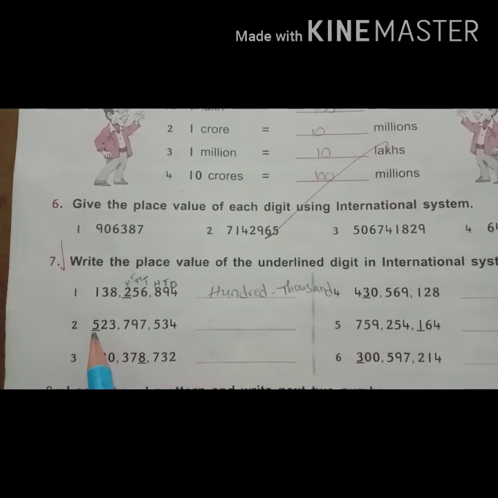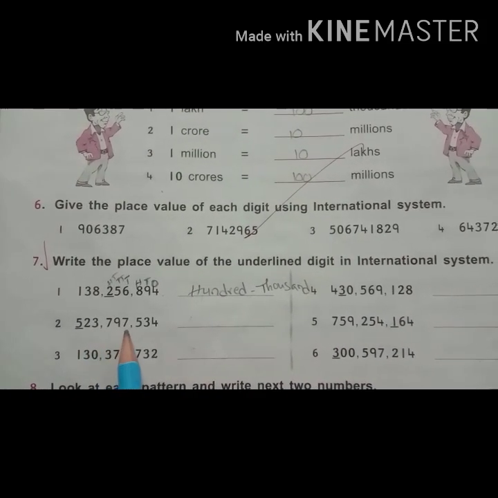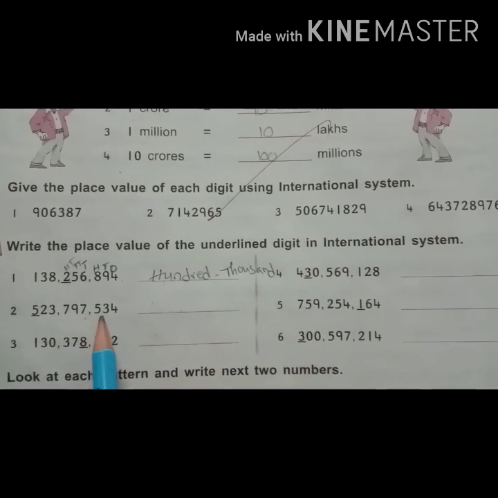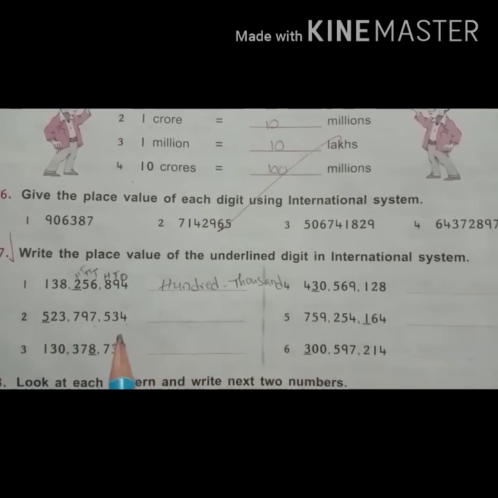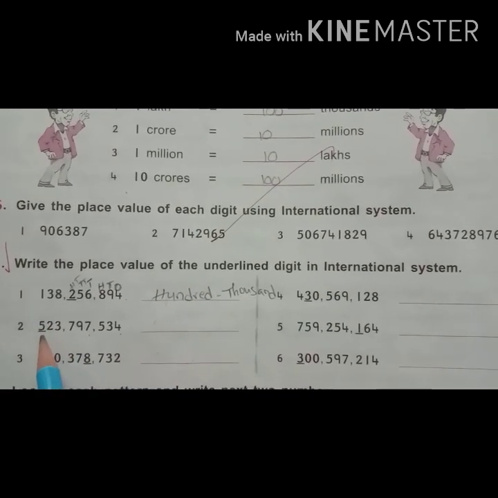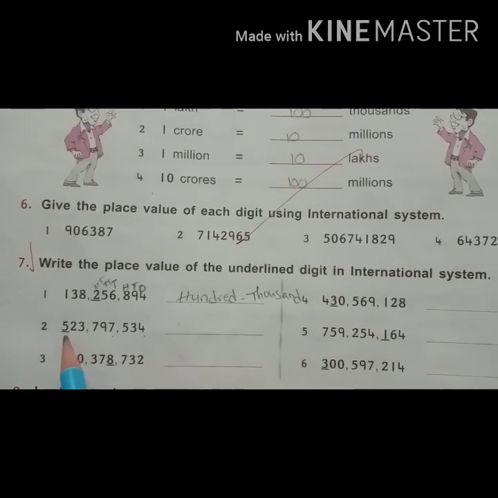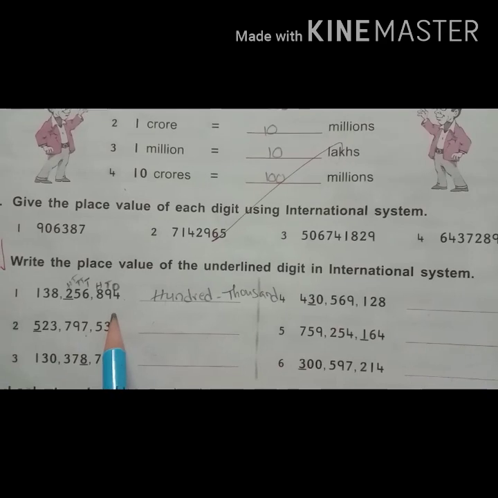What is the second one? 523,797,534. Okay. In which place is the underline? The underline is under the 5, no? So what is the place value of 5? Here we have to write the place values.